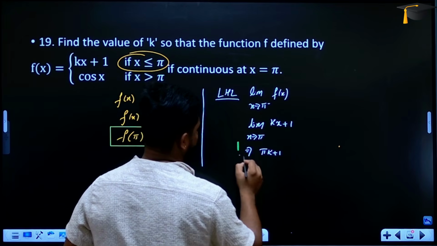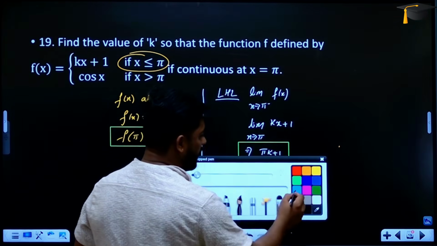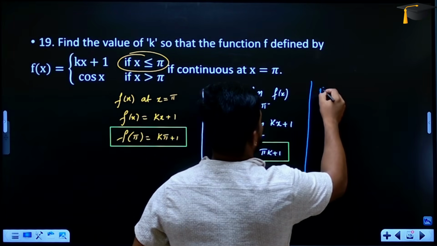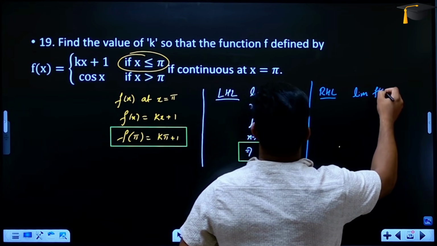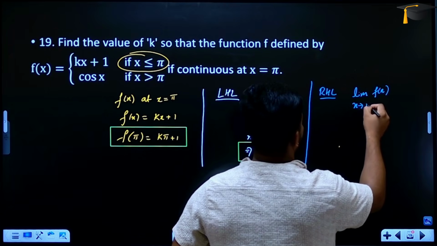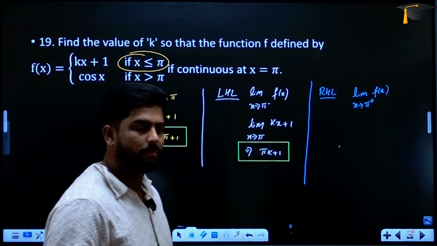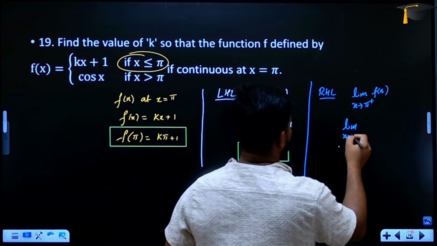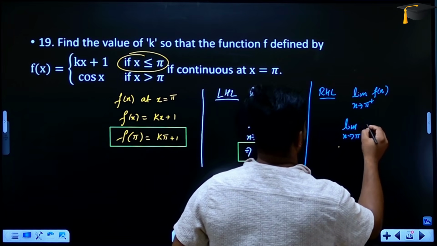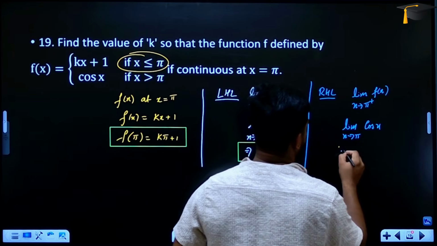So this is our LHL. Now similarly the RHL. So RHL is limit x tends to pi plus of f of x, because it is greater than pi. So limit x tends to pi, this is cos x. So cos pi is what?